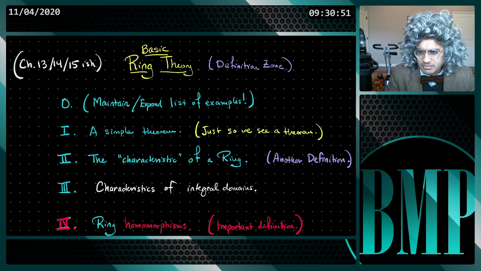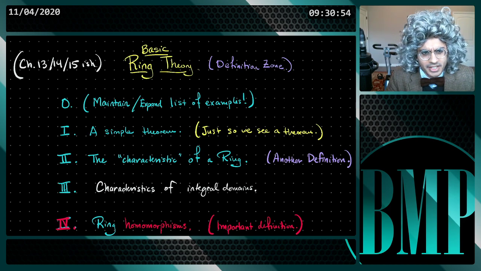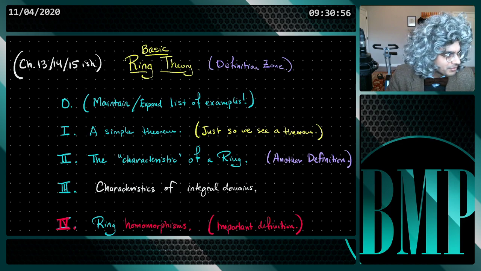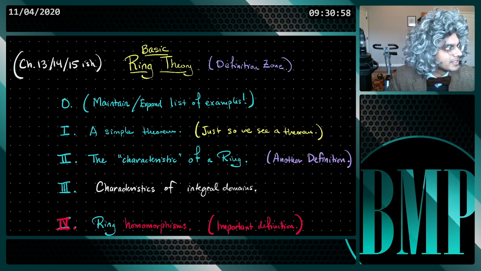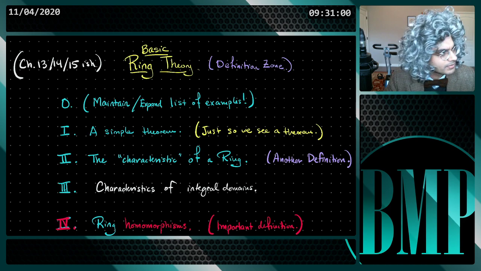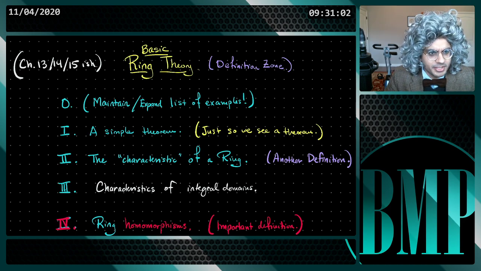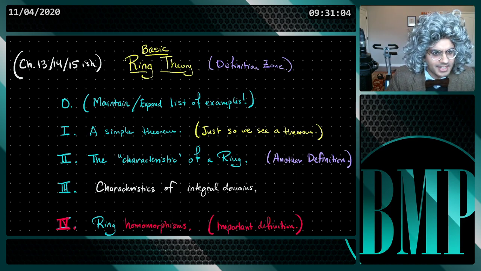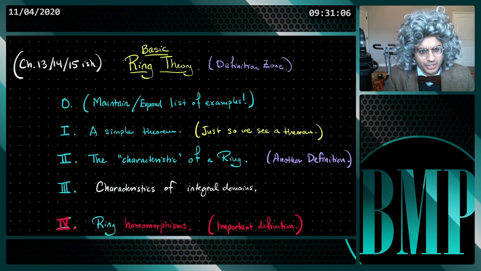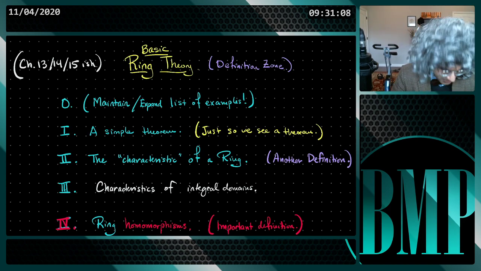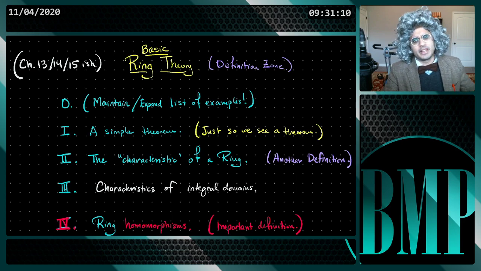I expect not everybody to come to class today, given current events. But luckily, the material is kind of just definitional right now, if that's a word. If I can make up words.